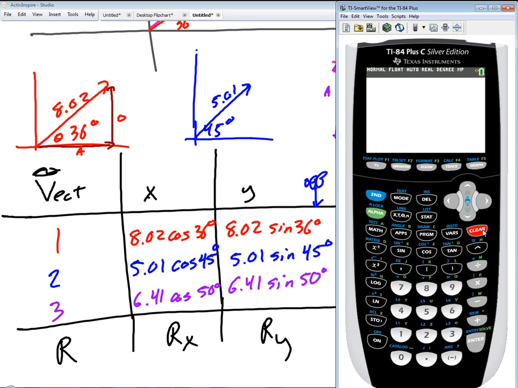So we're gonna find out what is 8.02 times cosine 36, plus, just adding up this column, 5.01 times cosine 45, plus 6.41 times cosine 50.